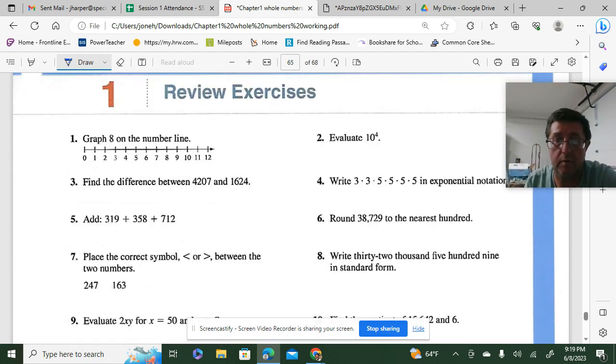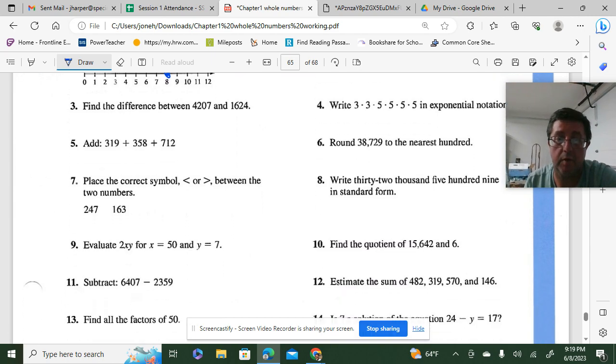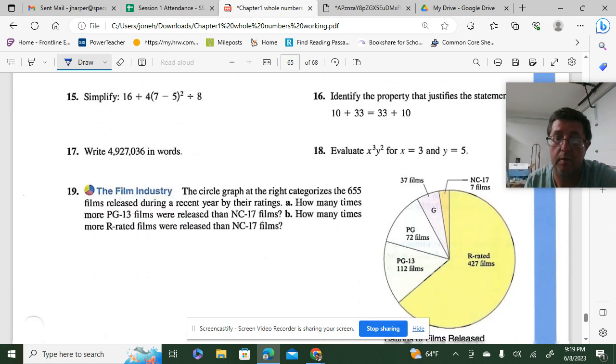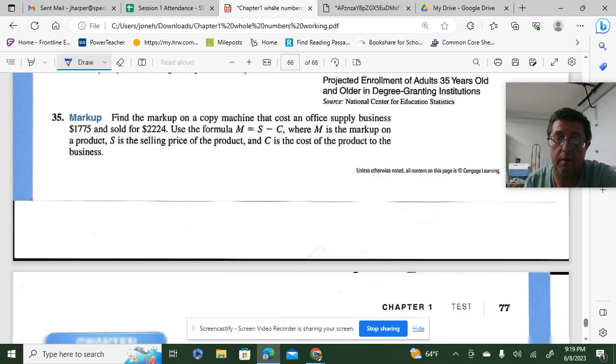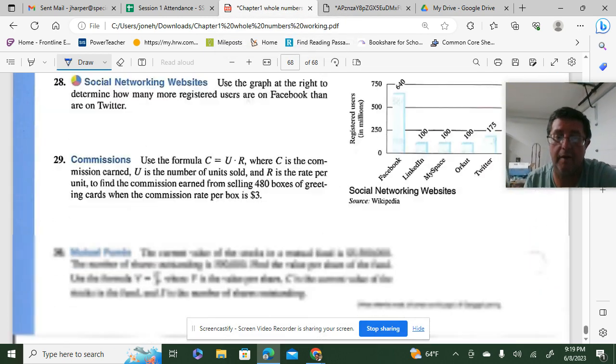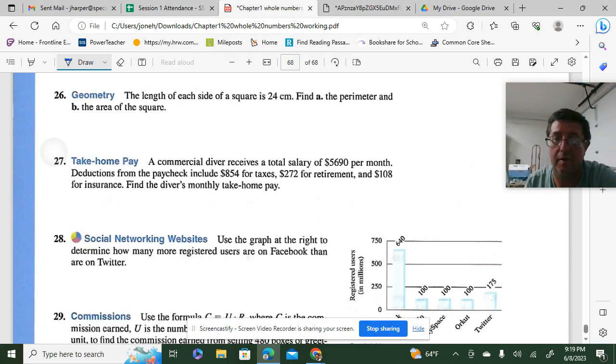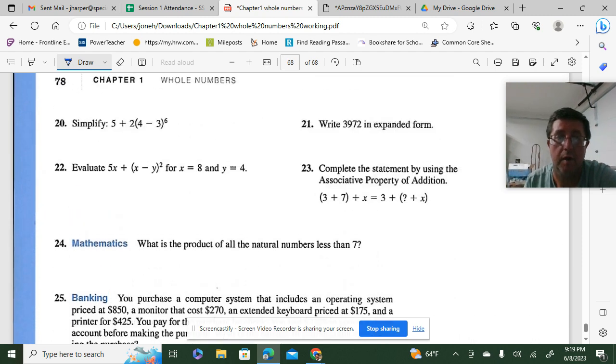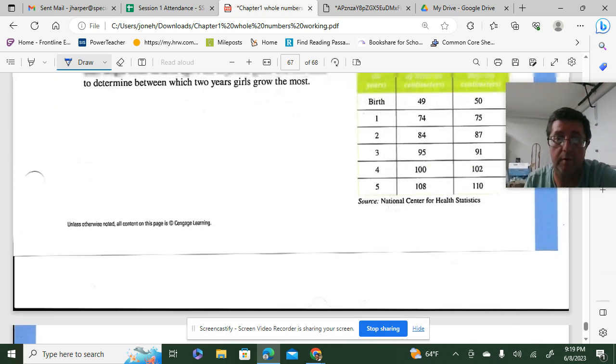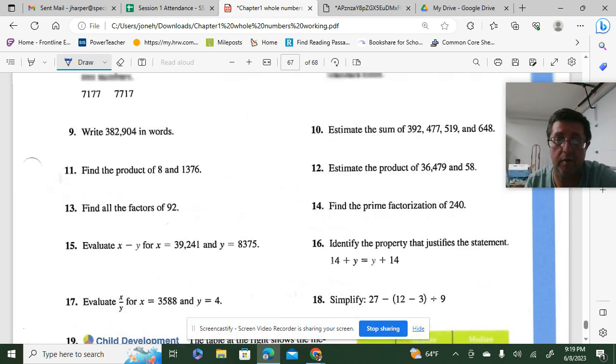Okay, so then we go down here and it says graph 8 on the number line. Okay, so this is what we've been doing. This is what we started with. And we have a lot of problems to do. I'm not going to do most of these. I've always done a couple of them for you on each one.